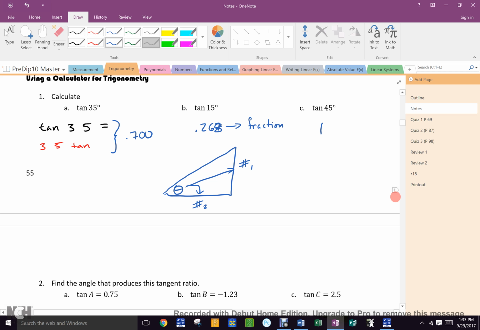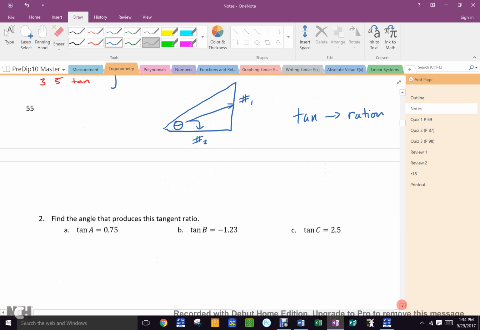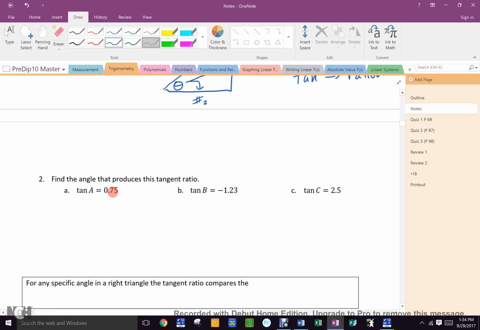You guys are smart kids. Tan gave me the ratio. What do I have here? A ratio. So if my calculator will give me the ratio, it must be able to work backwards, yes? And that is what we call, well, that's what we call it, but what it really is the inverse operation.